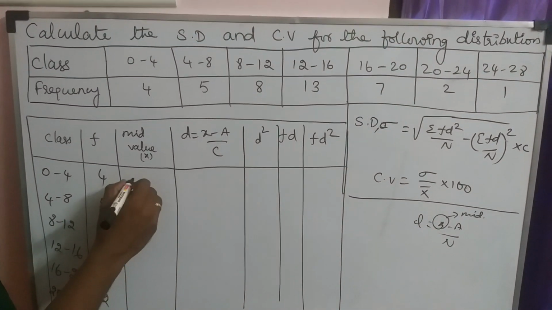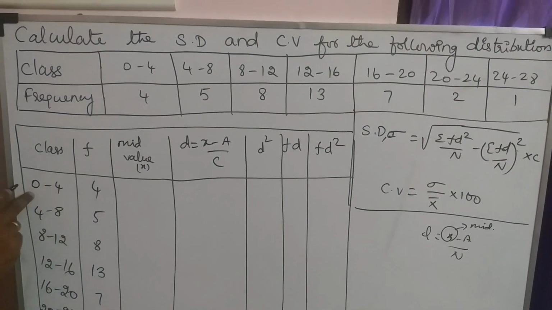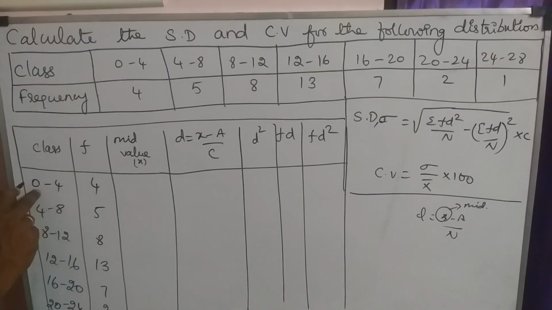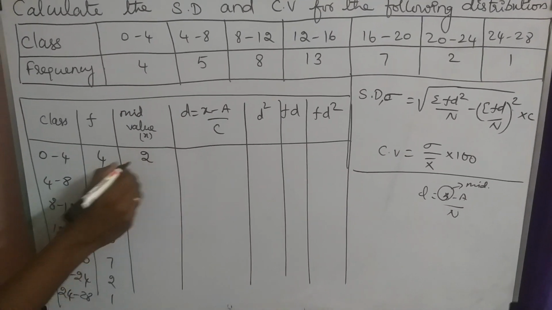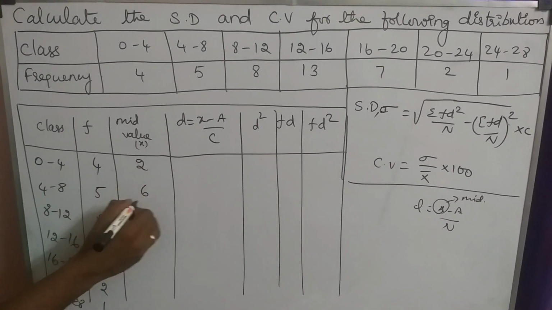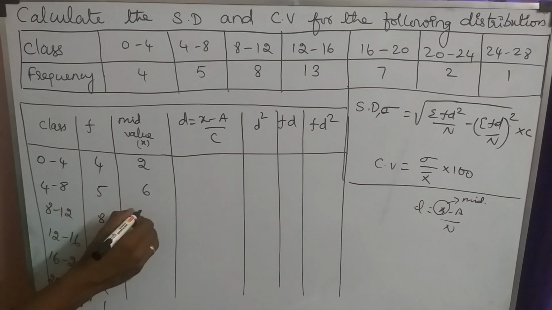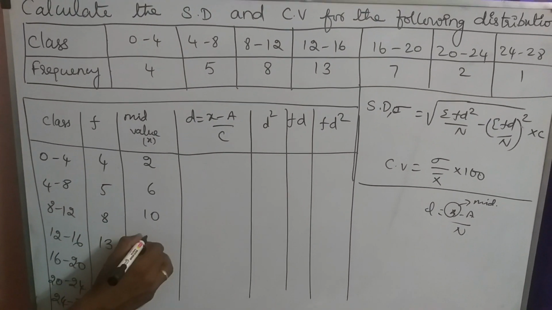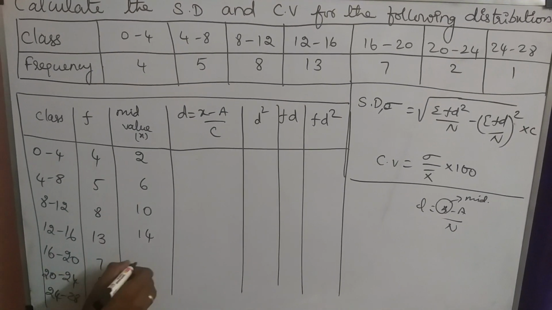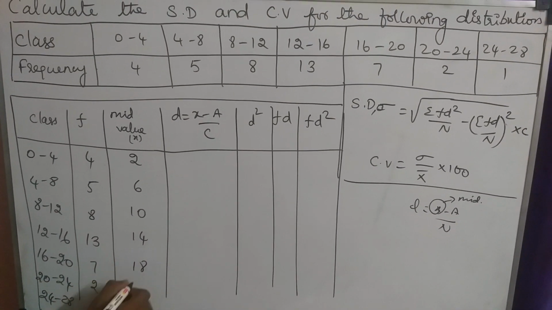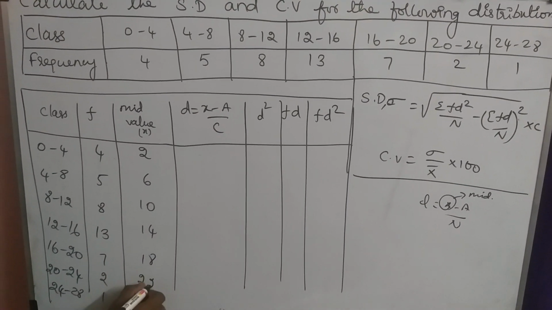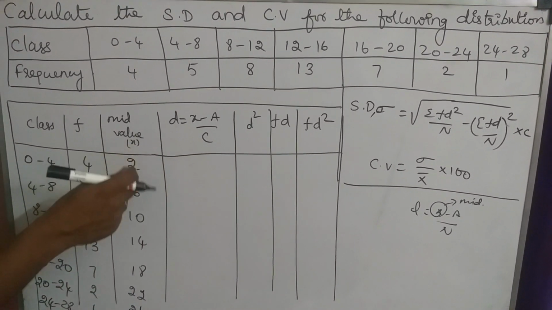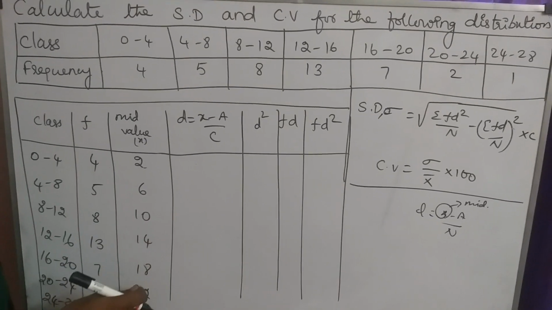The mid value is the sum of the class limits divided by 2: 4 divided by 2 is 2, 12 divided by 2 is 6, 20 divided by 2 is 10, 28 divided by 2 is 14, then 18, 22, and 26. There are 7 values.